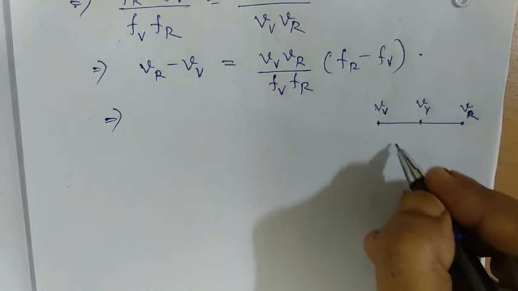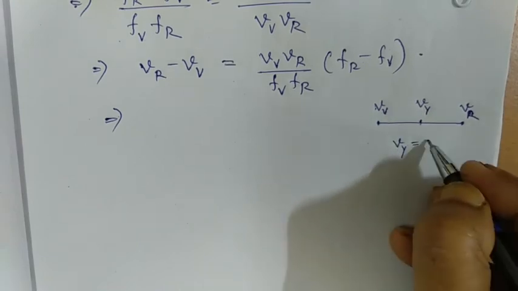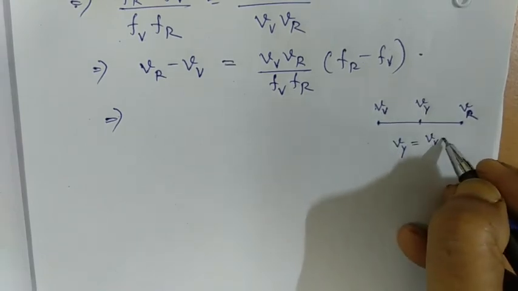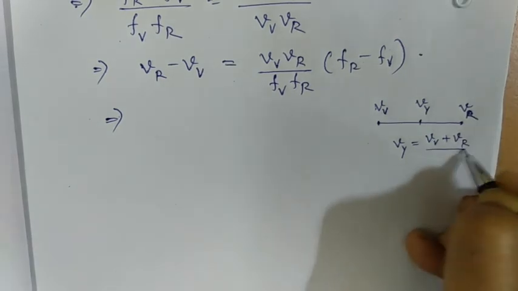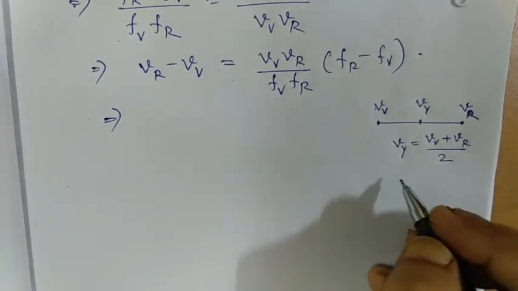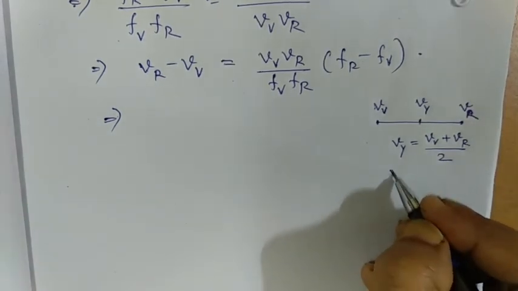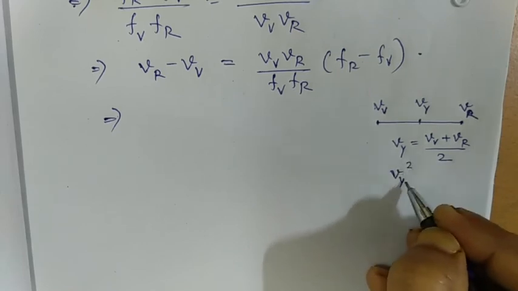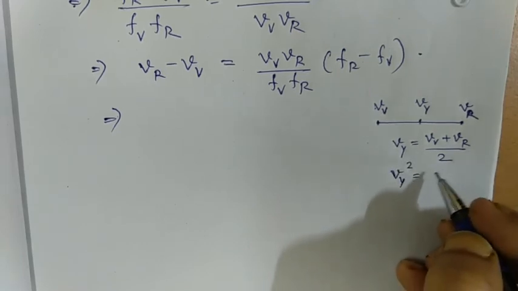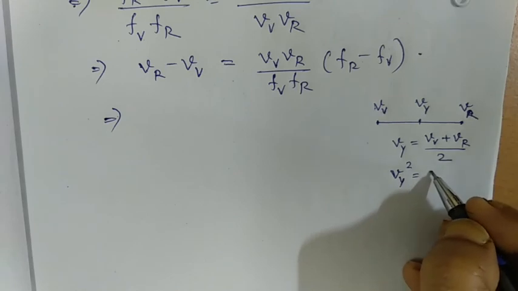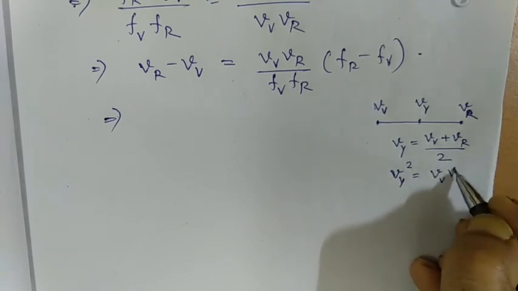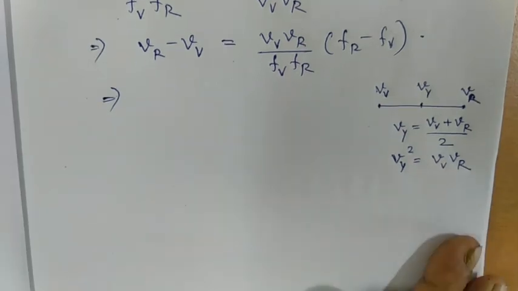We write Vy as Vv plus Vr by 2, or else Vy square is equal to Vv into Vr.